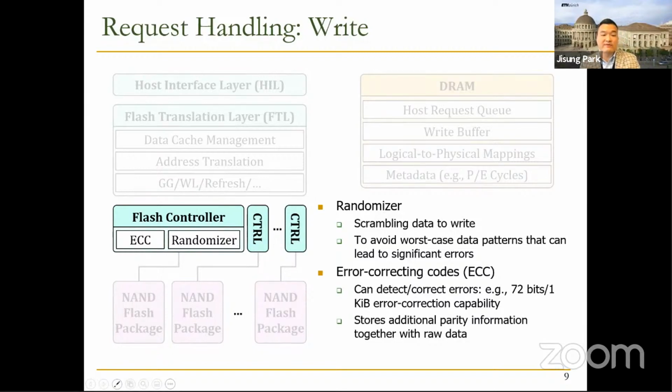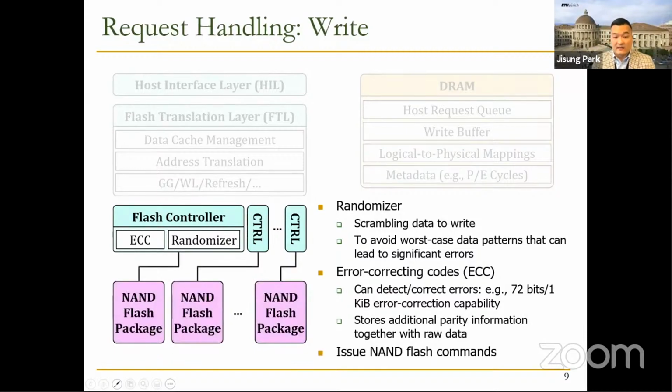Since modern NAND flash memory is significantly error-prone, it is common practice to use a very strong ECC in modern NAND flash-based SSDs, which can correct several tens of raw bit errors in a 1 kilobyte data chunk. Finally, the flash controller issues a write command to the target flash chip.